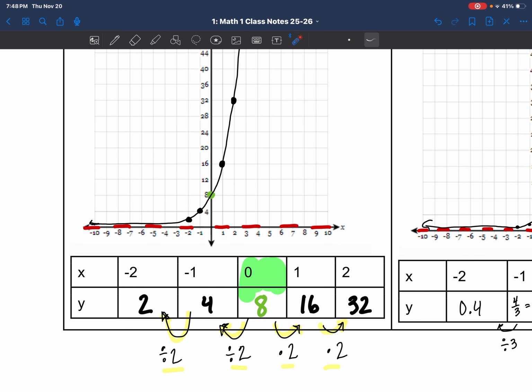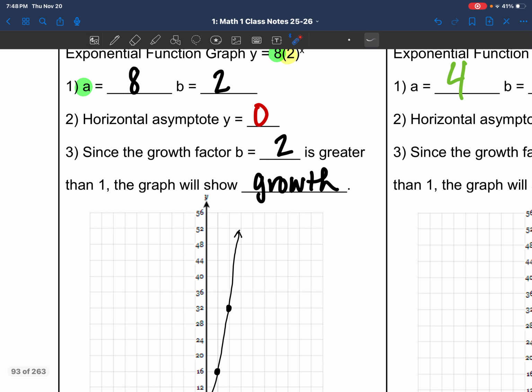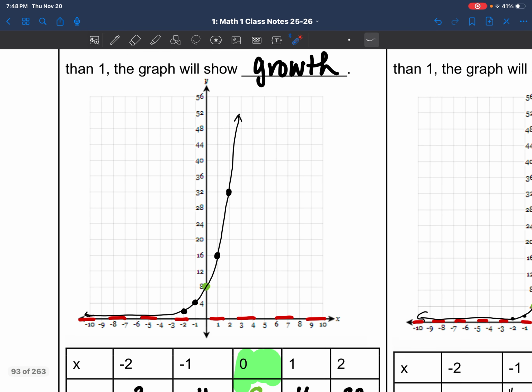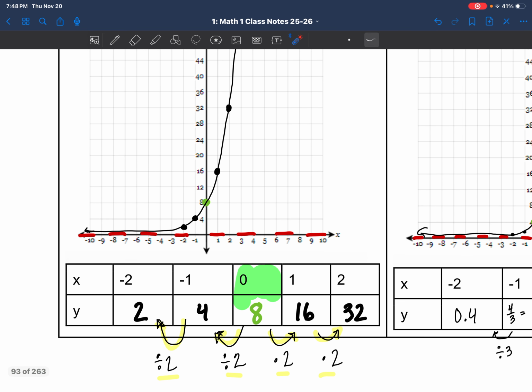With this table, we said our y-intercept was 8, and we said our growth factor is 2. We're going to ignore these for a second, and we're just looking at your positive numbers going this way. When we go this way, we're multiplying by 2. So 8 times 2 is 16. 16 times 2 is 32.